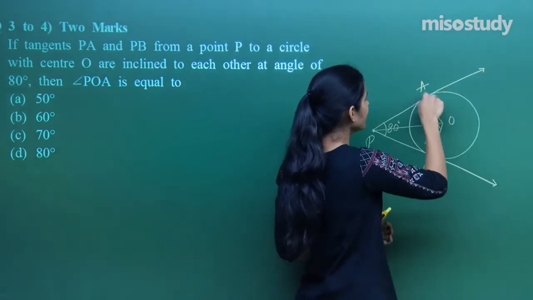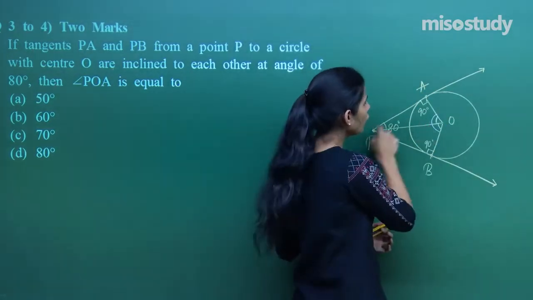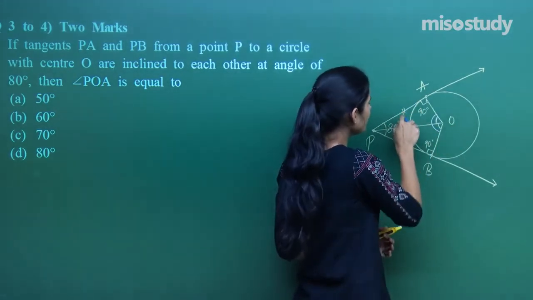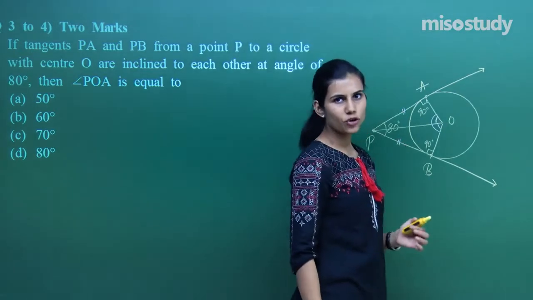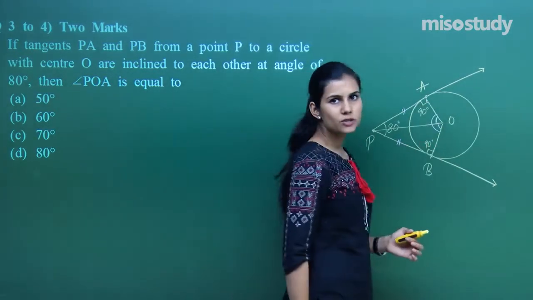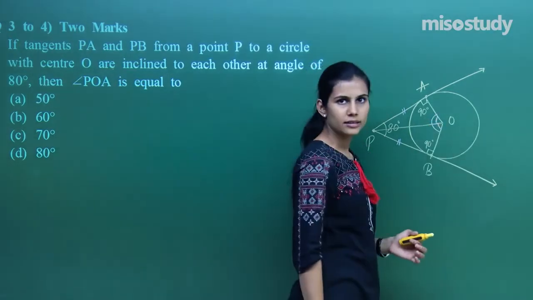In triangle POA and in triangle POB, you know that PO is equal to PO, that is common. PA is equal to PB. Why? Because the length of the tangents drawn from an external point are equal, and this is 90 degrees, this is 90 degrees. So by RHS congruence condition, you have this angle is equal to this angle, right?